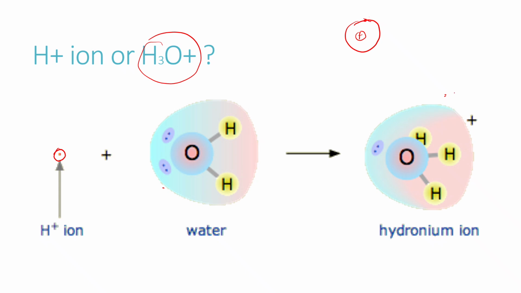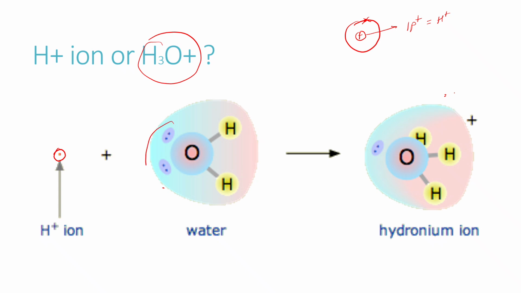Now, if you remove the electron, you are just left with the nucleus which has just one proton, and that essentially is what an H plus ion is. So you can understand that an H plus ion is just too small. Because it's too small, it usually doesn't exist independently.